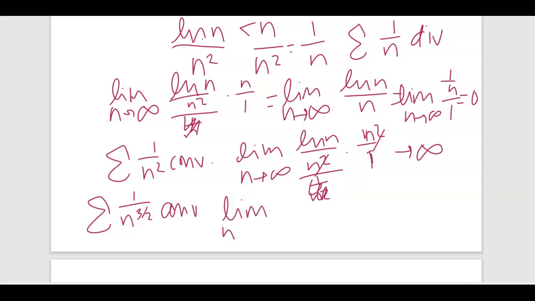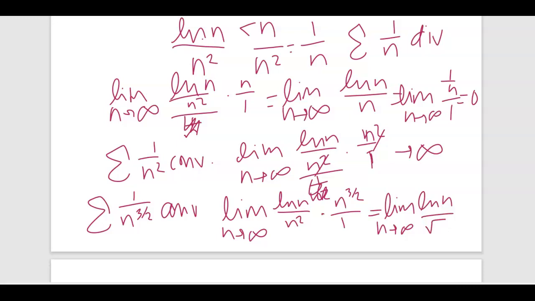So that's going to be the limit as n goes to infinity of natural log of n over n squared, and then I'm going to multiply by the reciprocal. That gives me the limit as n goes to infinity of the natural log of n over the square root of n. And then when I use L'Hopital's rule and evaluate this, I do end up getting 0.